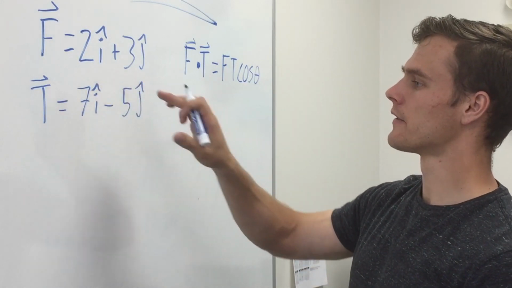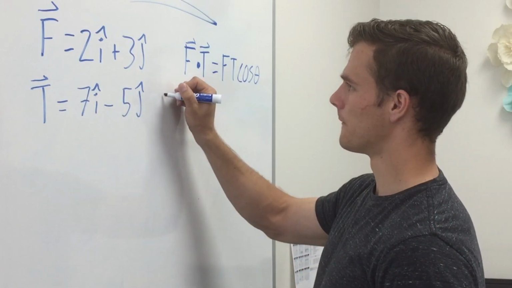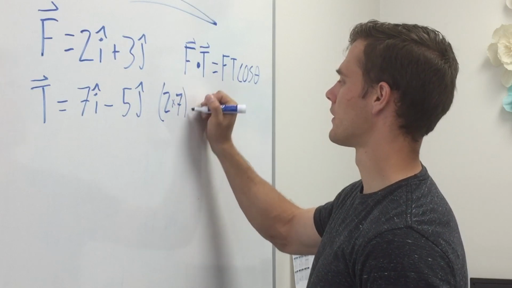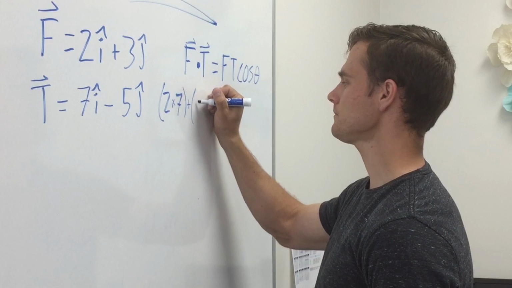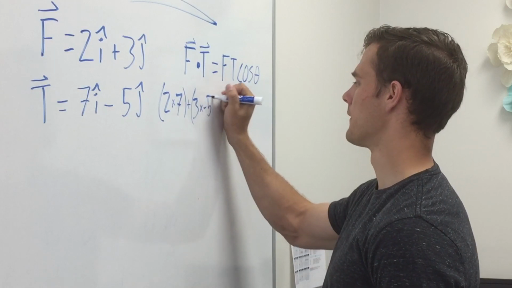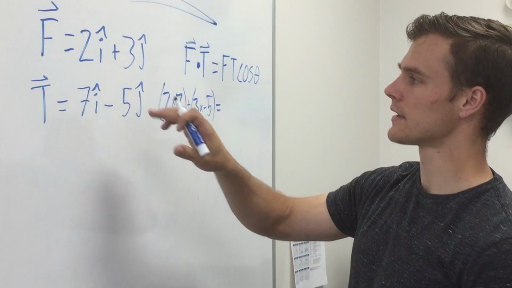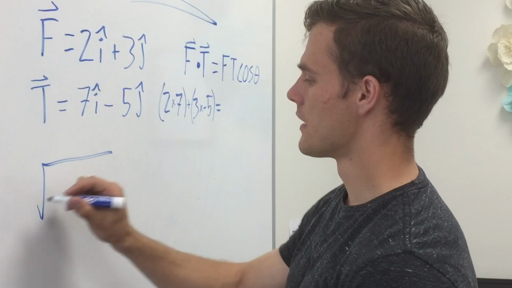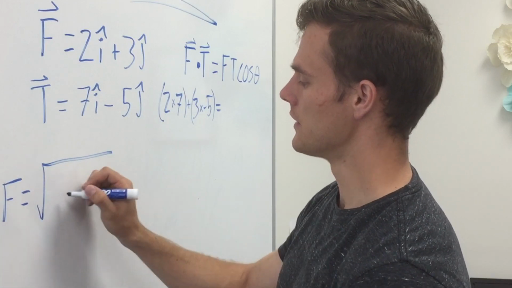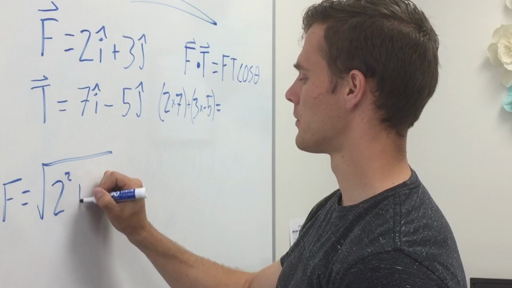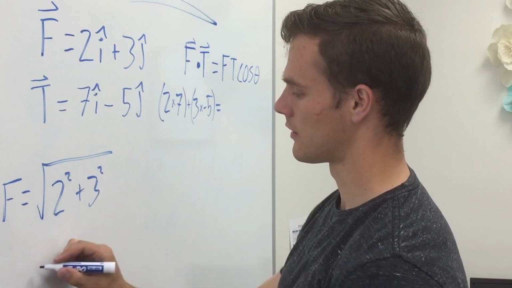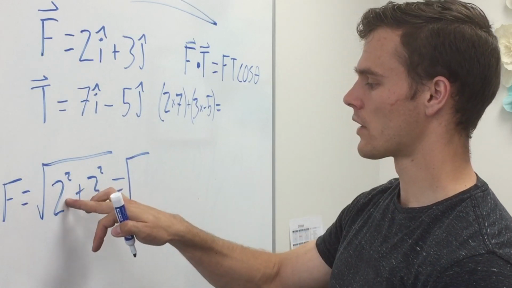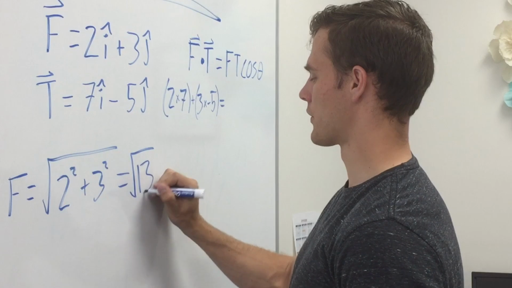And so if we want to do f dot t, it will be 2 times 7 plus 3 times negative 5 equals, and the magnitude is going to be the square root of the sum of the squares, so the magnitude of f equals the square root of 2 squared plus 3 squared, 4 plus 9 is 13.